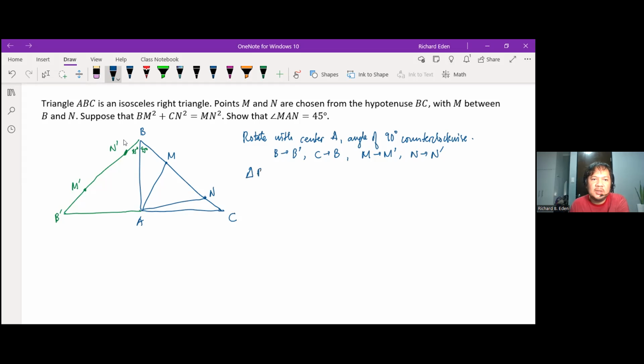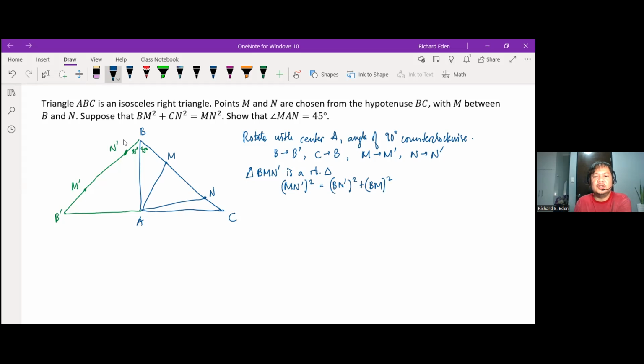Triangle BMN prime is a right triangle. So clearly MN prime squared is equal to BN prime squared plus BM squared, right?